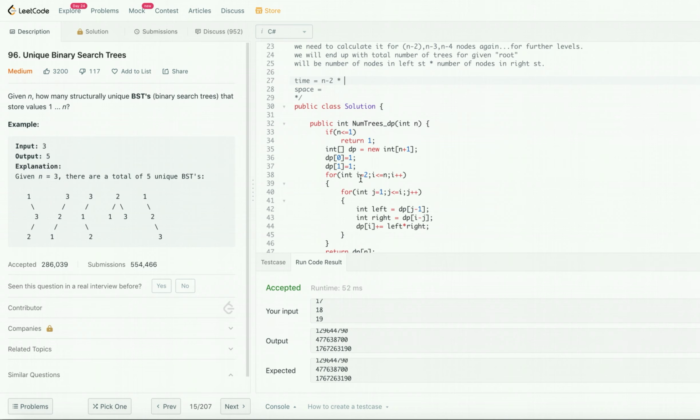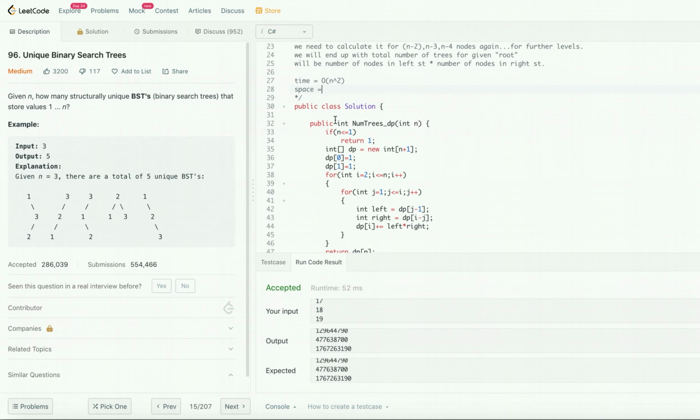Typically what we say is, when i is equal to n, it is going from 1 to n. So, we will say the time complexity for this particular algorithm will be order of n square. Let me put another bracket right here so that it is easy to understand. So, that is the time complexity.